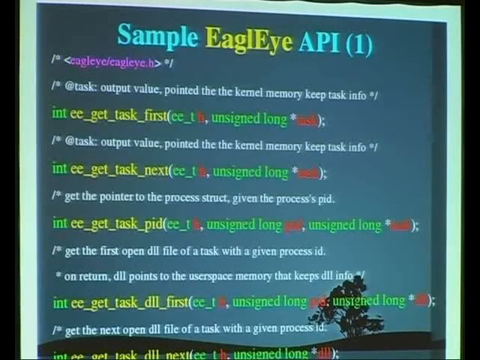And there are some other functions to get the process ID. You can get the first DLL file opened by that process, and you can get the next DLL file in the list of all the DLL files opened by that process, and you can keep calling the last function until you get all the DLL files opened by that process.